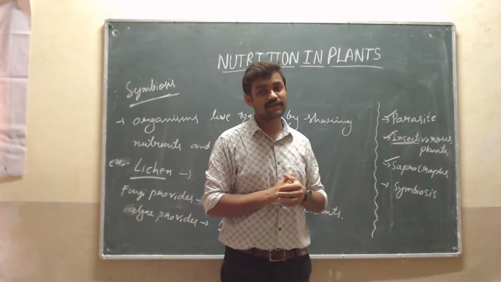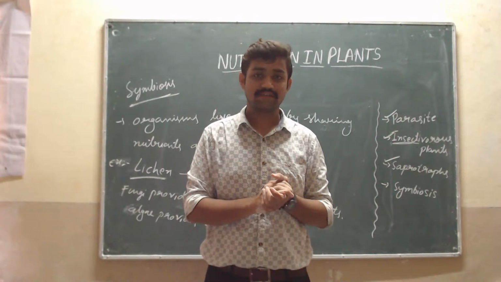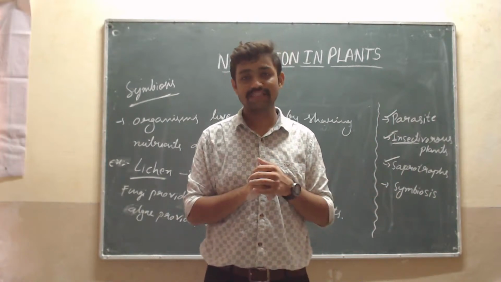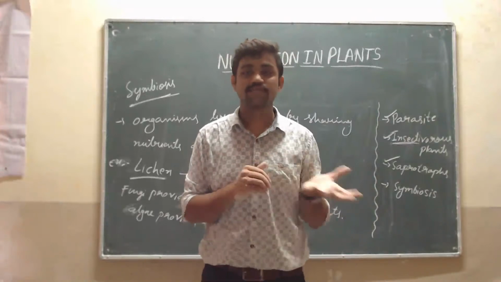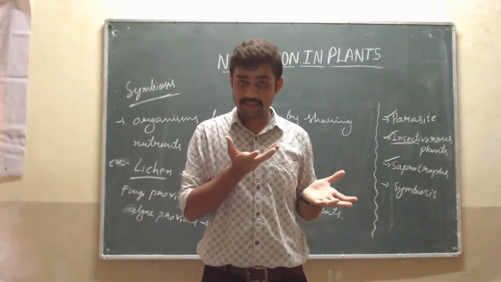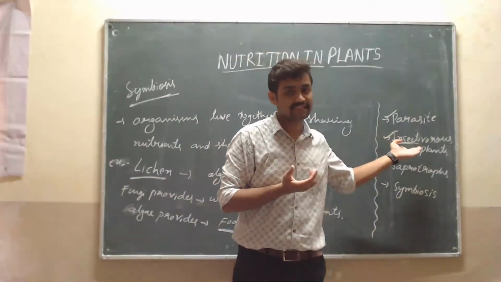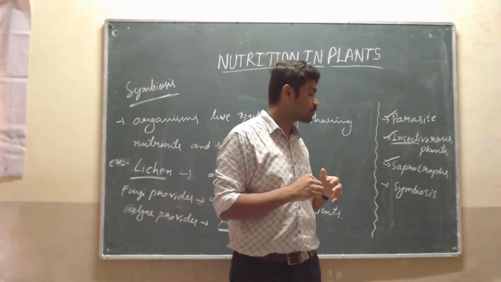Then what about insectivorous? Simple, sir. Insect eating plants are called insectivorous. For what purpose do they eat insects? For the purpose of nutrients, to grow and to get energy. That's why they eat insects, digest them and absorb the nutrients from the insect. Then what about saprotrophs?